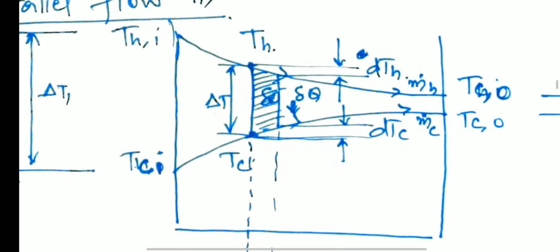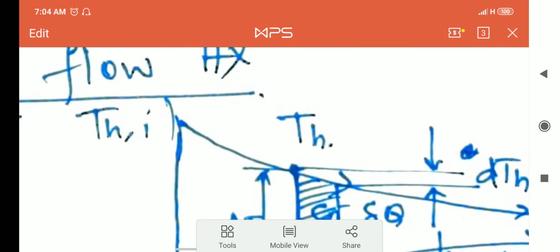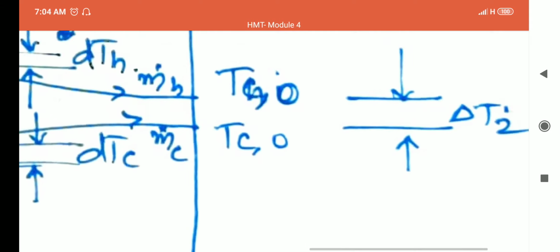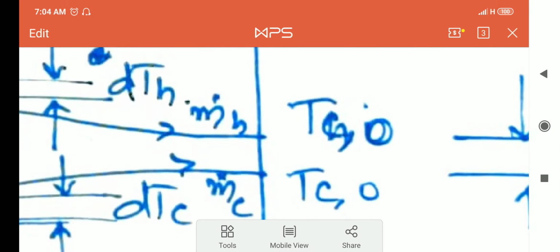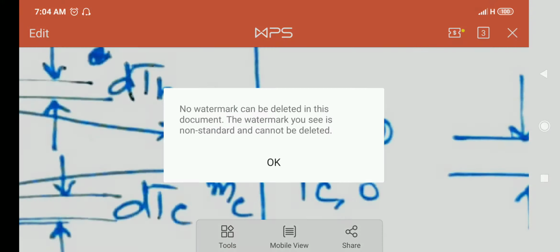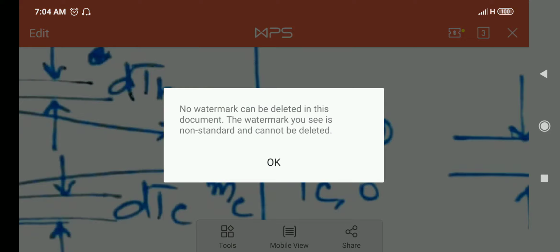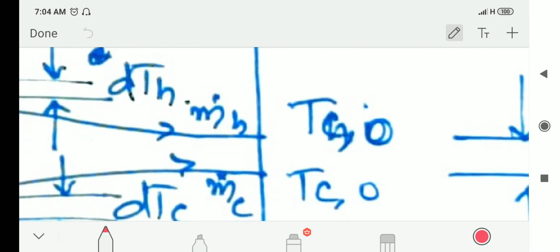So these are the terminology. Please have a look at the terminology. The inlet temperature of the hot fluid is THI, the outlet temperature of the hot fluid is THO. This is actually THO, please correct it as THO. Okay, so I hope it's clear.